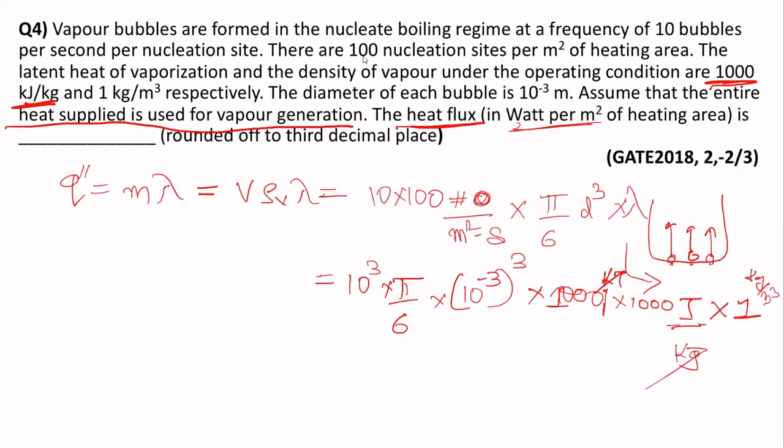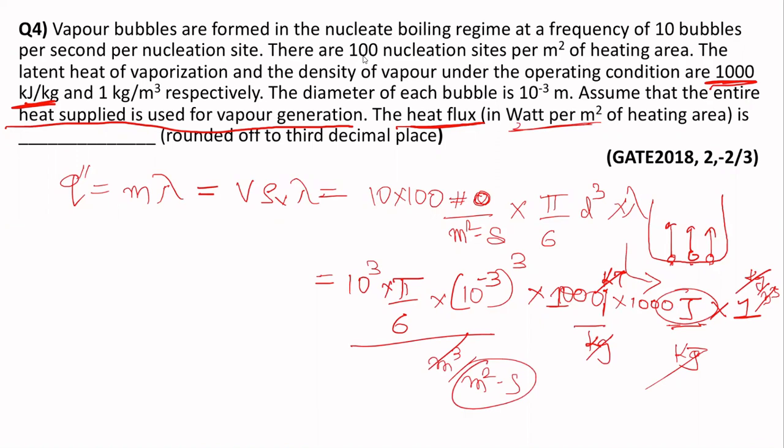This had kilojoule per kg, so kg gets cancelled. This unit was meter cube per meter square second, so meter cube gets cancelled, and what we are left with is joule per meter square second. Joule per second is watts, and watt per meter square is what we were asked. So we are very much consistent with the units.